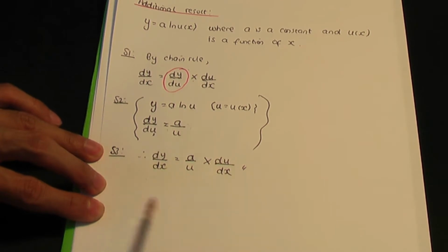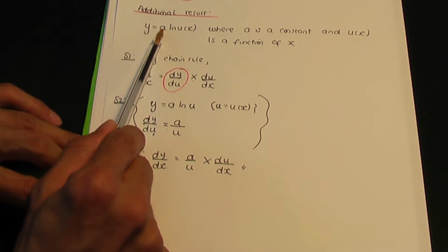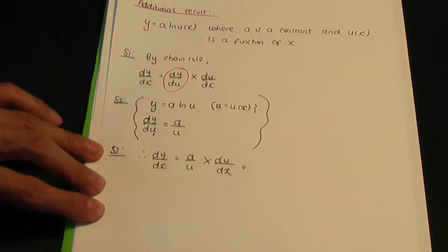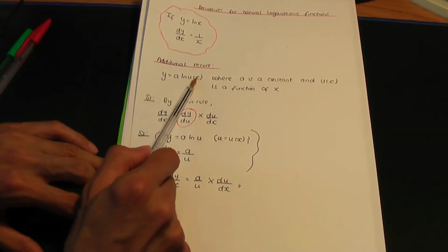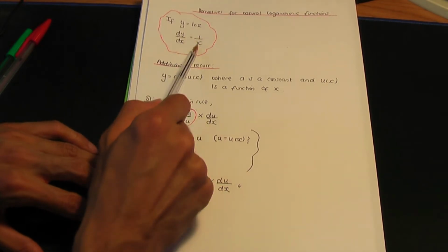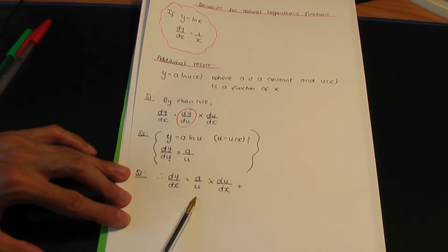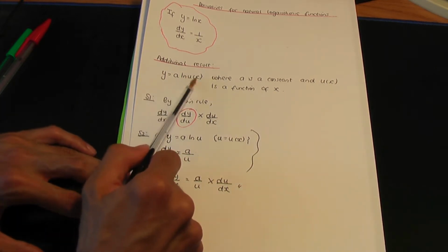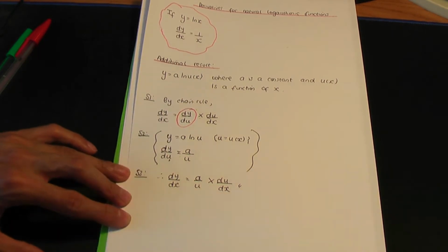So what this result is saying is that provided that a is a constant, so provided that the term in front of ln is a constant, when I differentiate, it's going to be a divided by u, so that comes from the standard result for the derivative of ln. So it's a divided by u multiplied by d by dx of the u term, and the u term is the term alongside the ln, okay, so to speak.